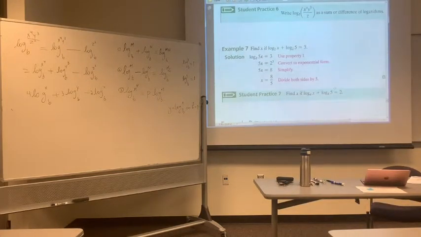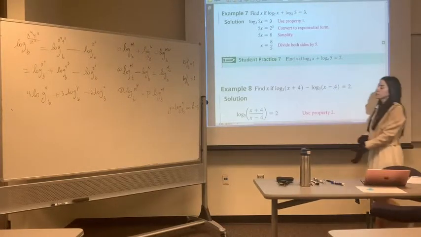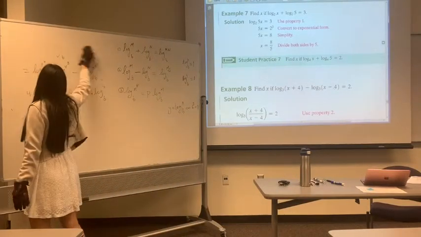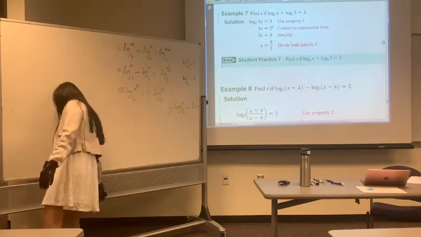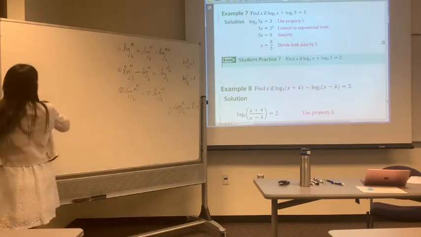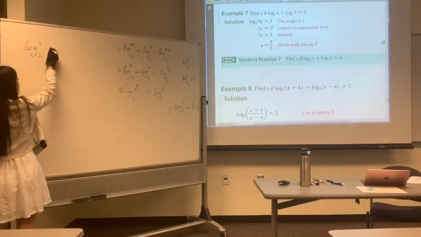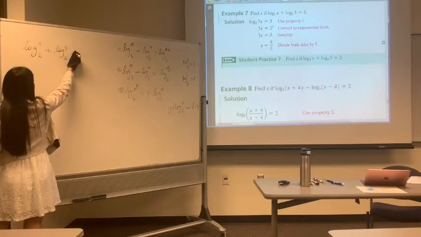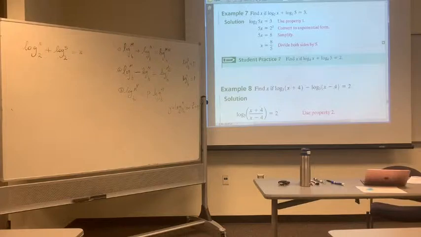The next question, now we want to solve the equation. So we have log x base 2 plus log 5 base 2 equal 3. These two have the same base.